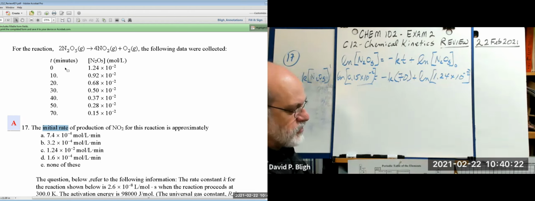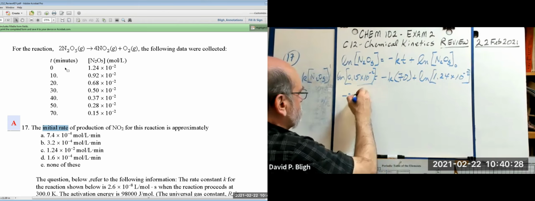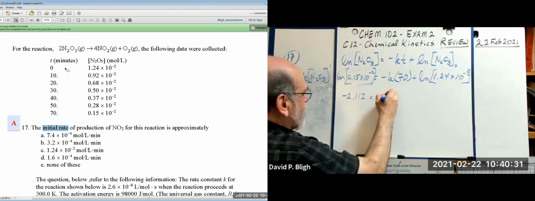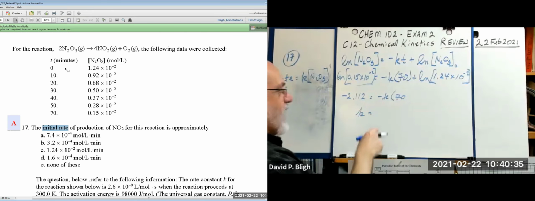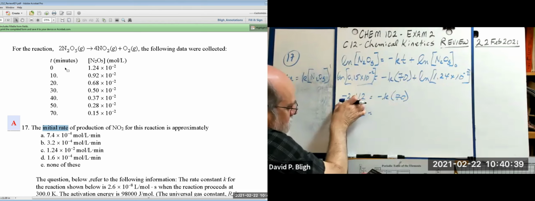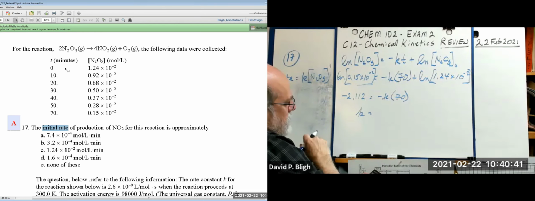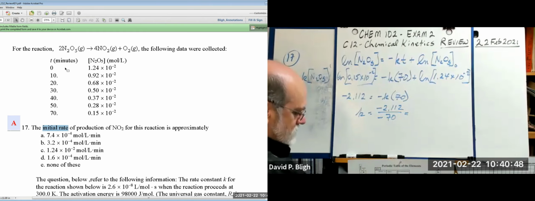So it's minus 2.112 equals minus K times 70. K will be positive because that's a negative and that's a negative. We take that negative 70 and divide it into that one. So it's negative 2.112 divided by negative 70.